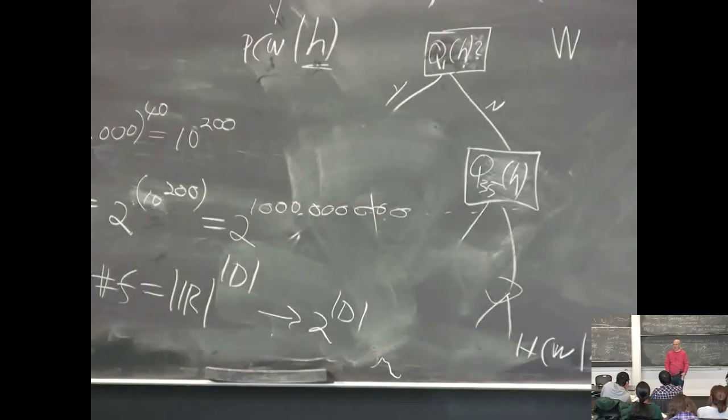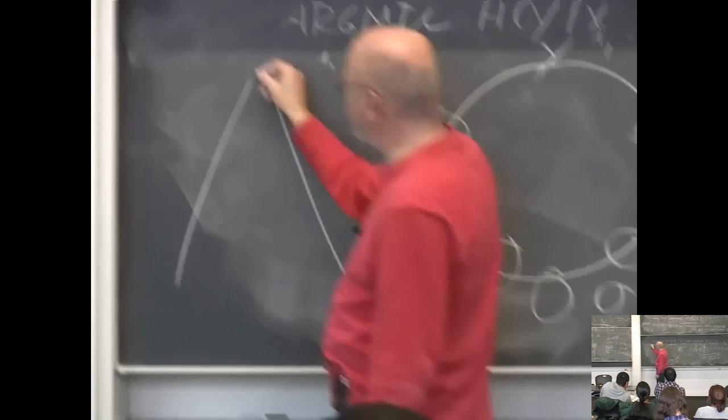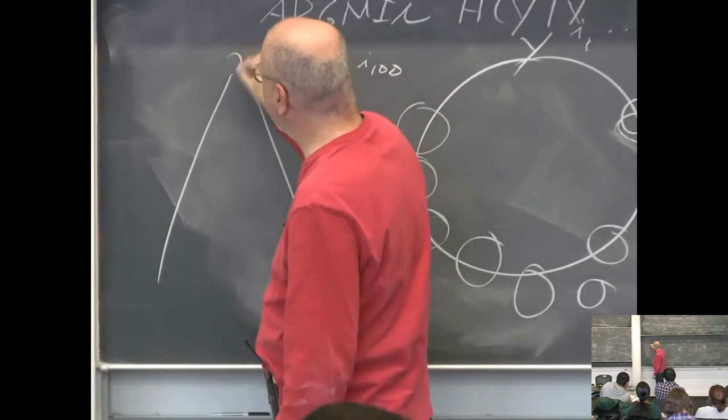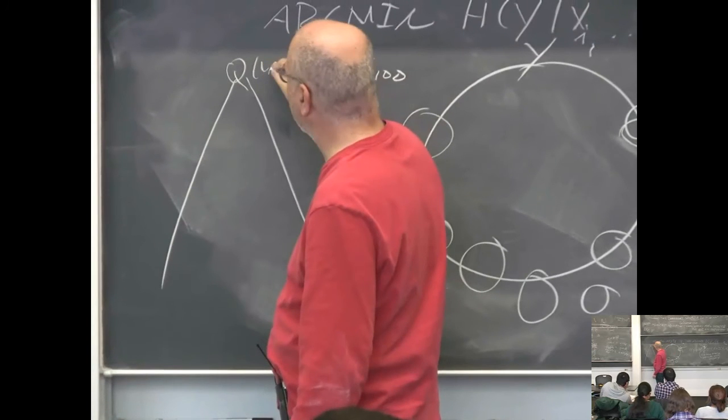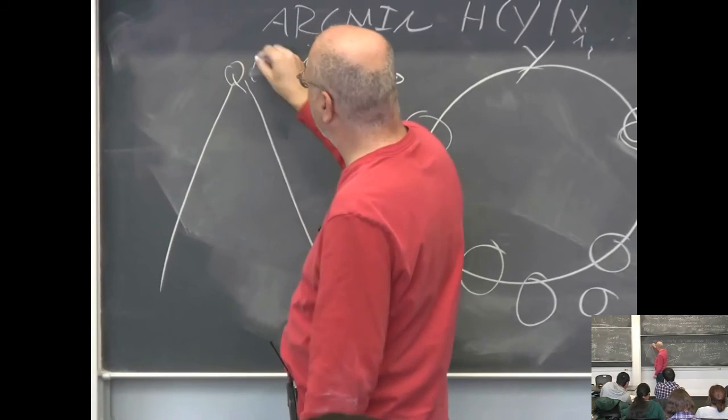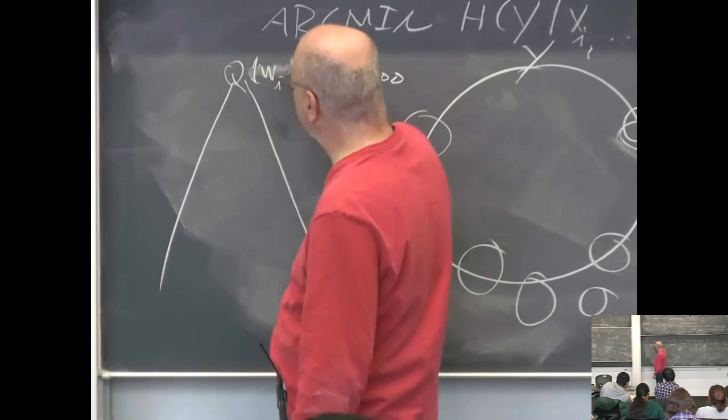I can work my way down in any possible way so that I can create a mini tree that is all about the last word of the history. So I'm asking here the specific question about the last word of the history, called Q on W of i minus 1.